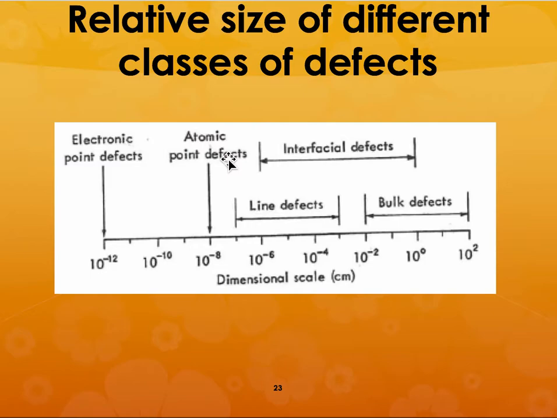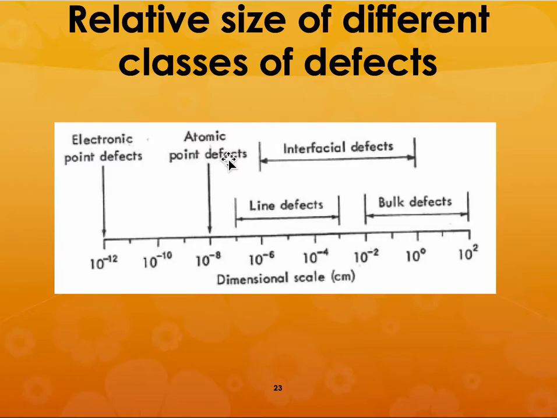Then you can also have line defects. For example, if you have a grain boundary, that would be a line defect. Say for example, if you have a surface, that would be a line defect also.